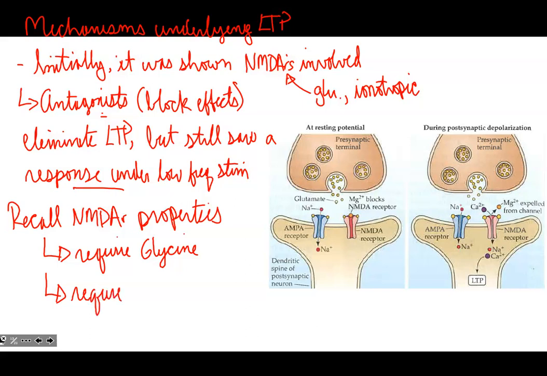So there had to be a requirement of something to alleviate what was magnesium blockage, remember? So it required the magnesium that was present in the pore of the channel to be extruded.